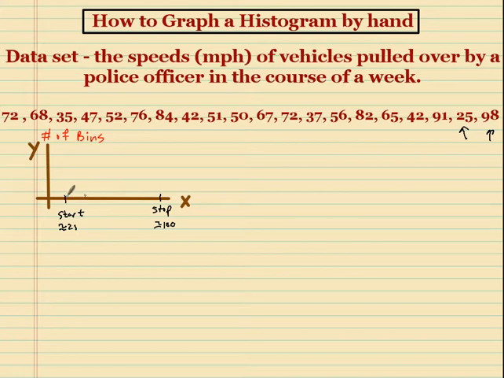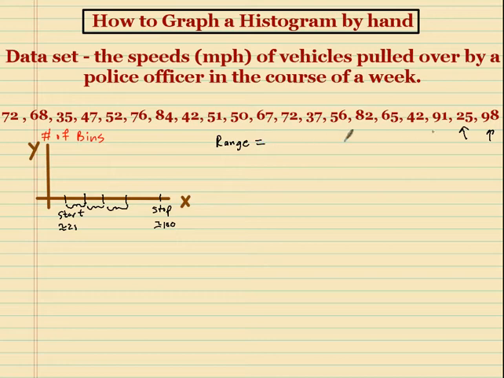A bin would be the distance from here to here, and we have so many bins. The number of bins is kind of up to you. All we do is take the range of this data and divide it by however many bins you've got. So we want to find the range first.